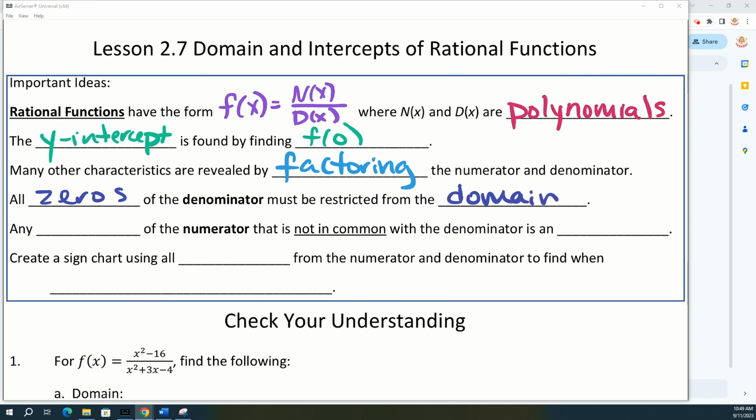So anything that's going to give you 0 in the denominator cannot be in the domain of the function. And then any zeros of the numerator that are not in common with the denominator is an x-intercept.